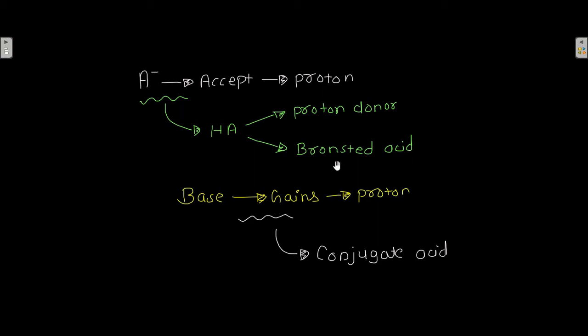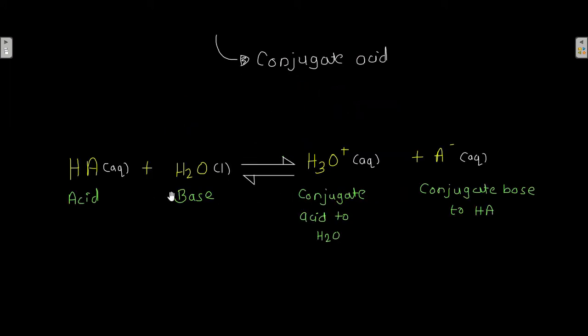So when a base gains a proton, that results in the formation of a conjugate acid. Okay, so consider this reaction. This acid reacts with a base, and that results in the formation of the conjugate acid with respect to this base, and the formation of the conjugate base with respect to this acid.